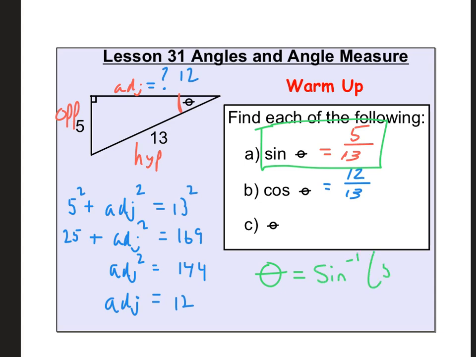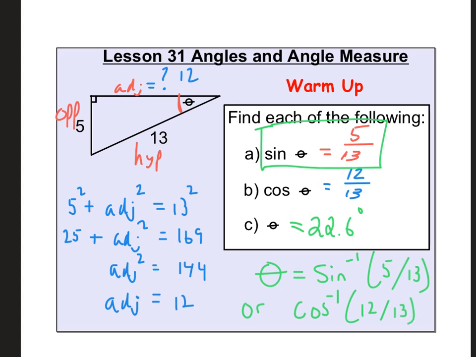So the inverse sine of 5 divided by 13, and if you have a calculator, definitely going to need one. In degree mode, just like we did the other day, we're going to get an answer of around 22.6 degrees. Or another option, using the answer to part B, we could have done the inverse cosine of 12/13. So now we get to the exact same answer.